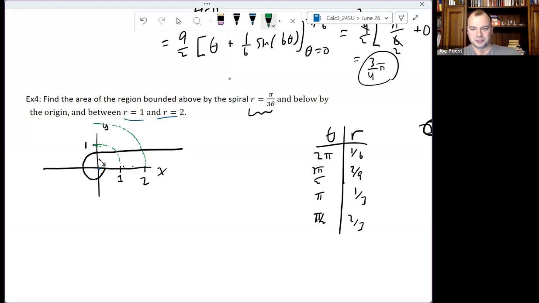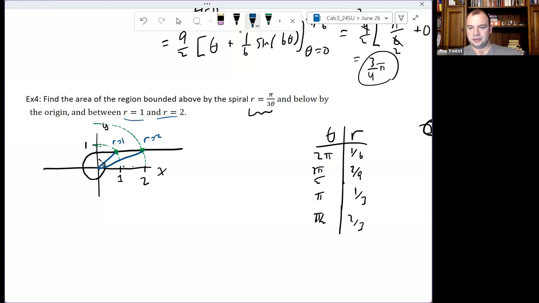So I am interested in the intersections here and here, but I'm kind of interested in going from the origin out to this intersection where r equals 2, and going from the origin out to this intersection r equals 1.